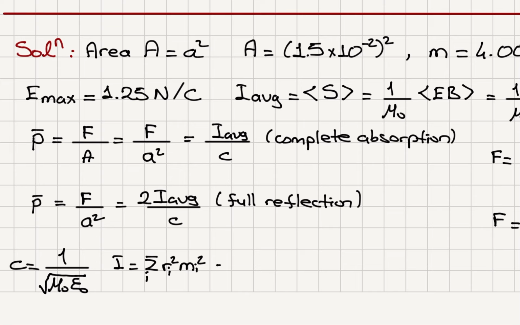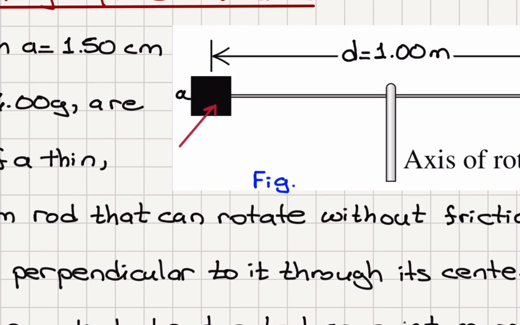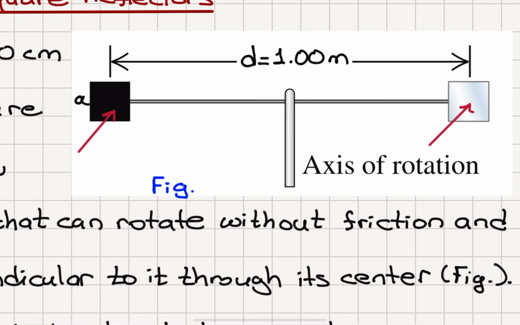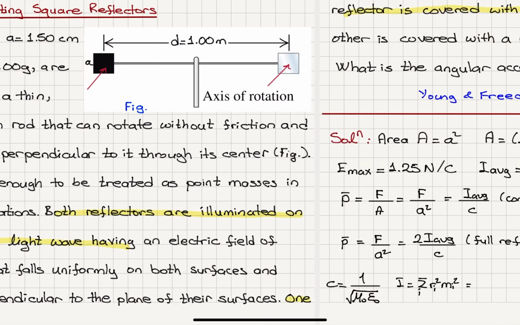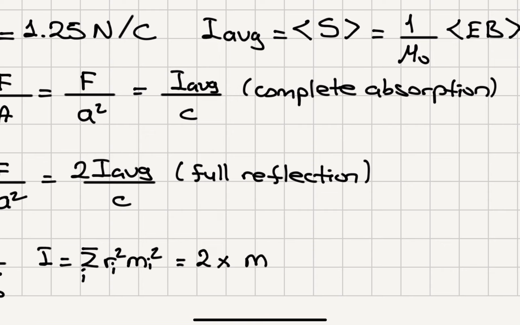So in this case, I have the point masses here at a distance d over 2 from the rotation axis. So m d squared over 4 for this one, and m d squared over 4 for this one. So it's going to be twice m d squared over 4, which is m d squared over 2 for this rotation axis.